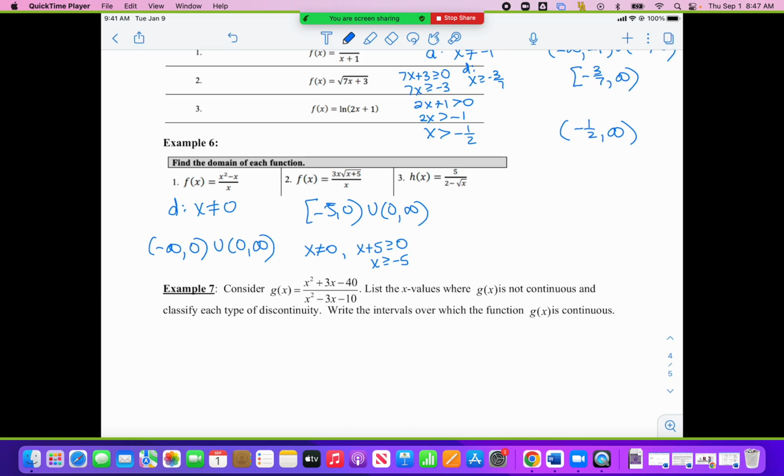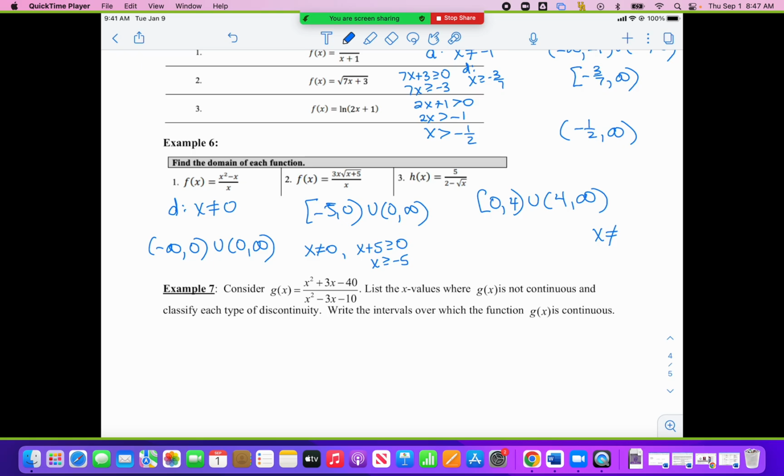Ooh, okay, how about number 3? All right, George, what do you think? Bracket 0, comma 4 with parentheses, union, both parentheses 4, comma infinity. Nice job. The one thing you should notice, I wouldn't say that x can't be 0, because I can plug in 0, but what's going to cause that denominator to be 0?